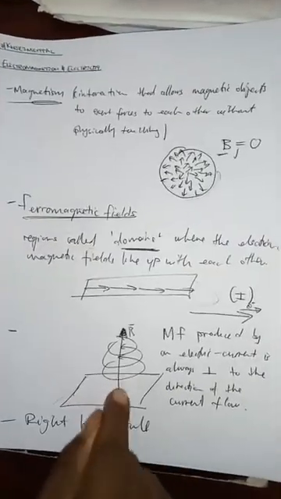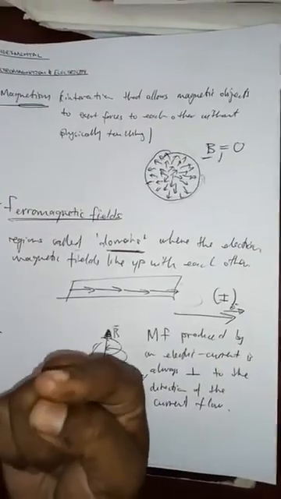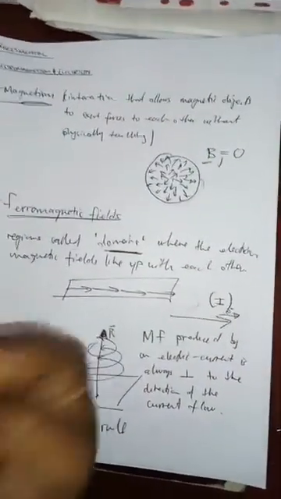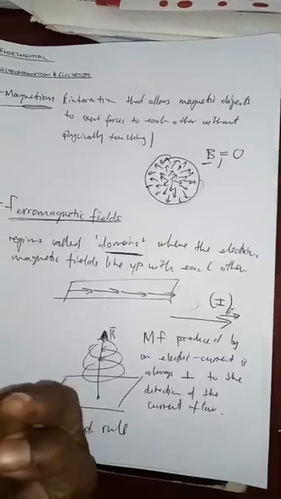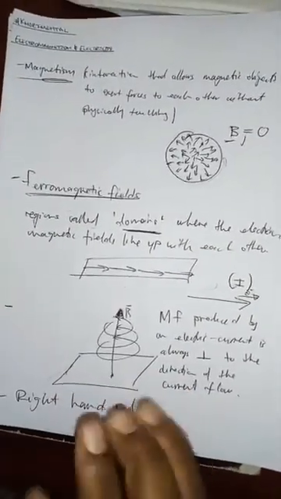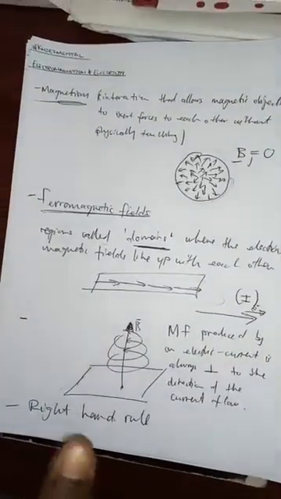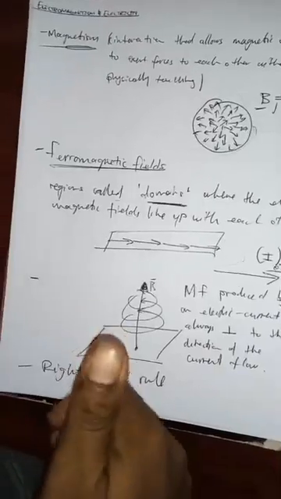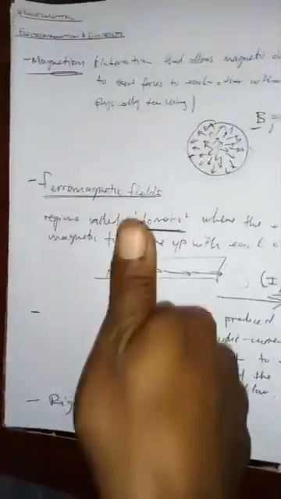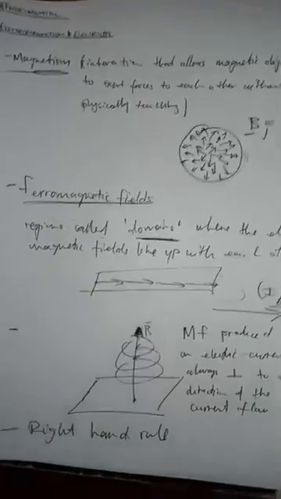So if the current points out of your page, the magnetic field will be the direction of your curly fingers. Let's consider it in this two-dimensional case. If this is your current, the magnetic field will be the direction of your curly fingers, right? So that is how we think about it.